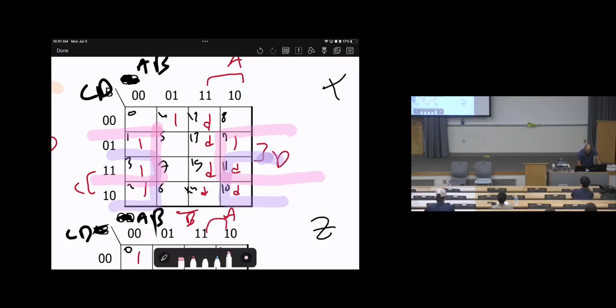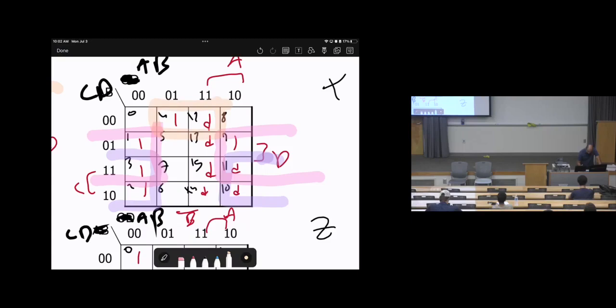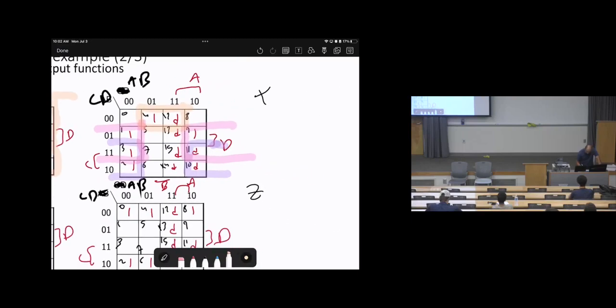Now there is this one left. What shall we do with this? Can we make it with 4? No. Can we make it with 2? Yes. So overall, when there is a loop of 4, 2 variables, a loop of 2, 3 variables.